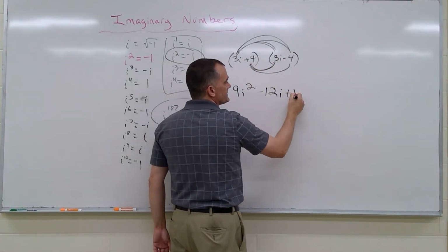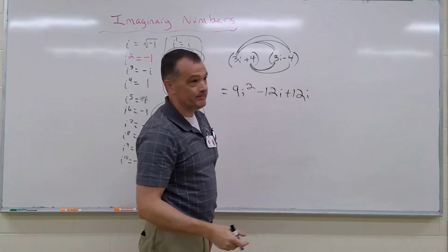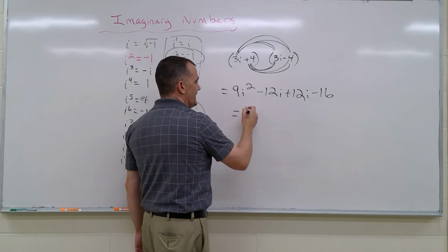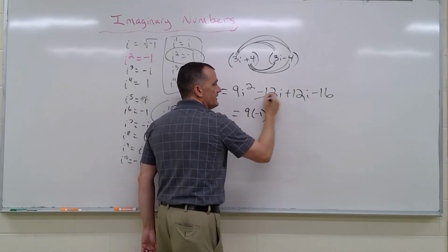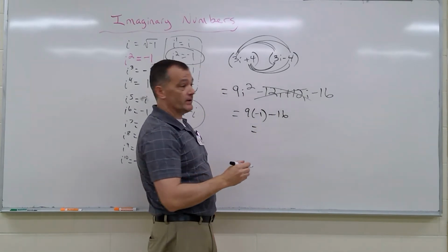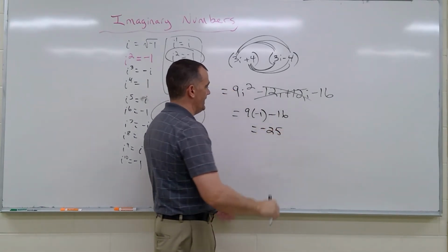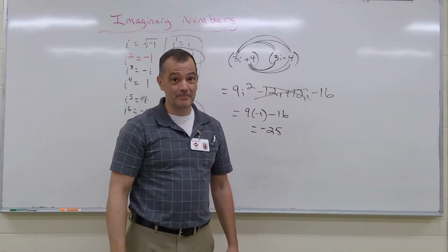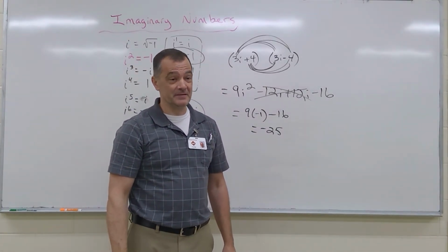The inner becomes plus 12i. And the last becomes minus 16. Of course the i squared is negative 1. These two cancel out. Minus 16. So now we are at negative 25: negative 9 minus 16. Wow. That's pretty cool.